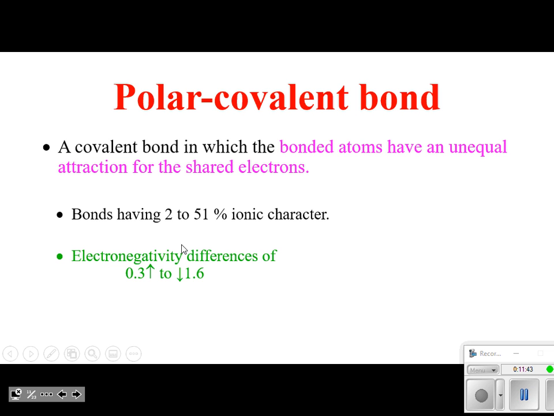So, greater than 2% ionic character, less than 51%. And on our chart, that corresponds to greater than 0.3 and less than 1.6. So if I find that range in my electronegativity difference, that gives me a polar covalent bond.